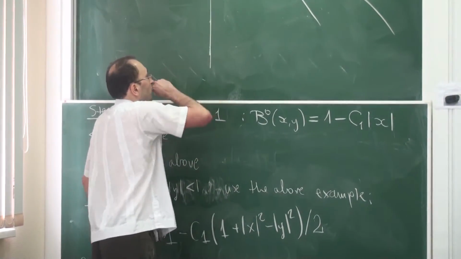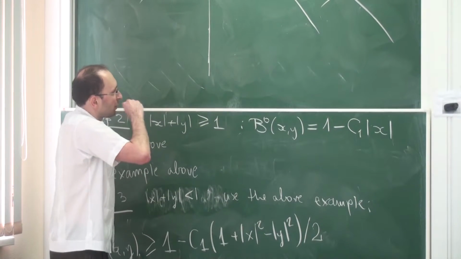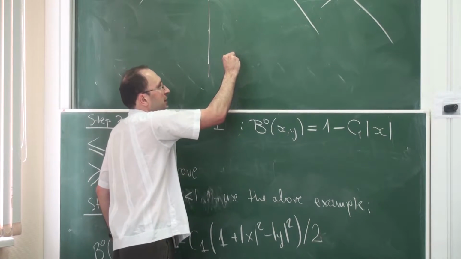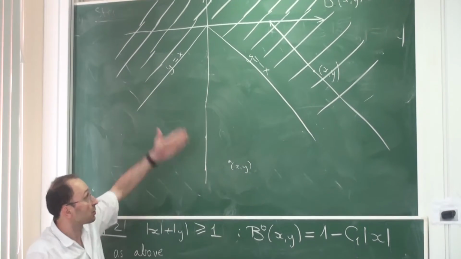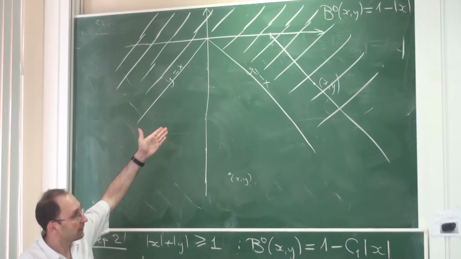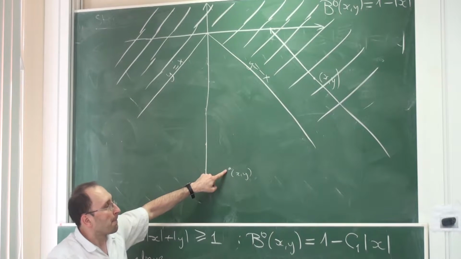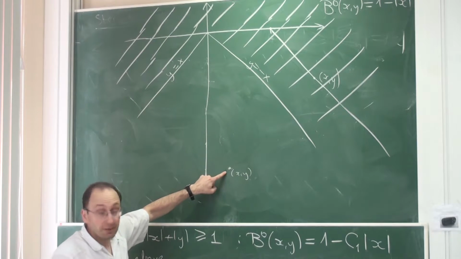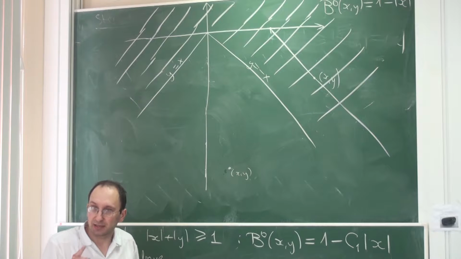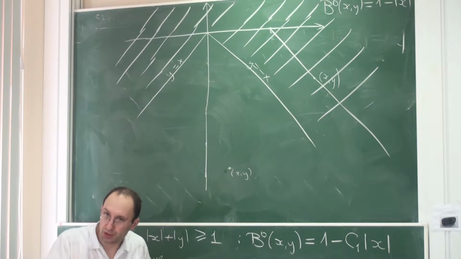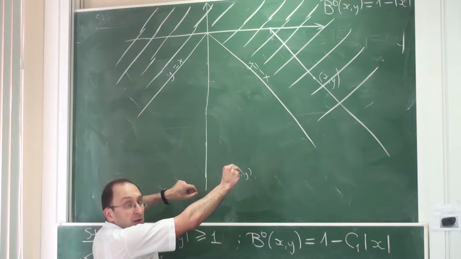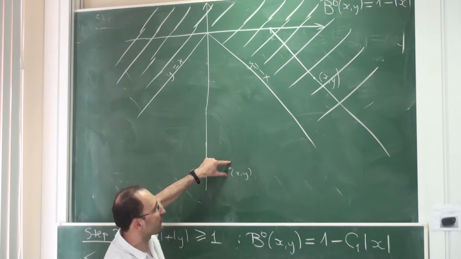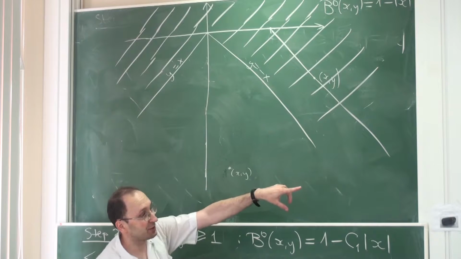So have a look. If we take a point xy here, which does not lie on the y-axis, then such a point does not lie in the stopping region. It lies in the continuation region. There are some non-trivial martingales, or in other words, this Bellman function is strictly larger than v.